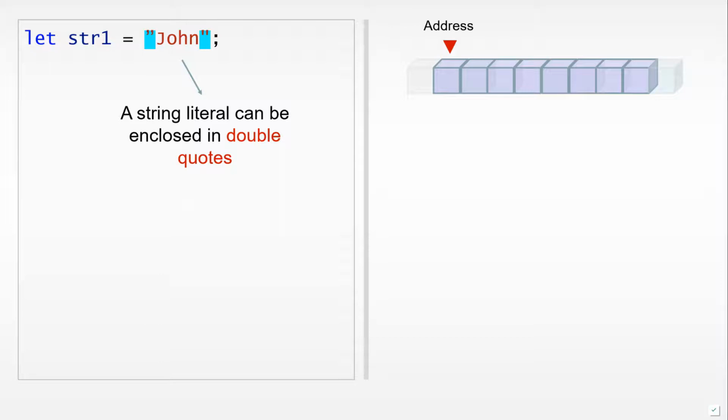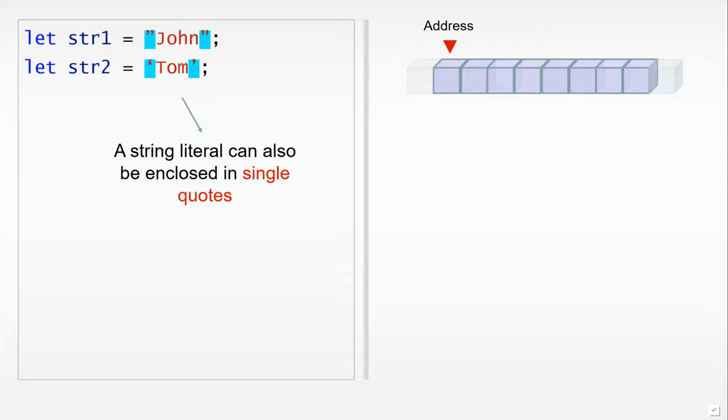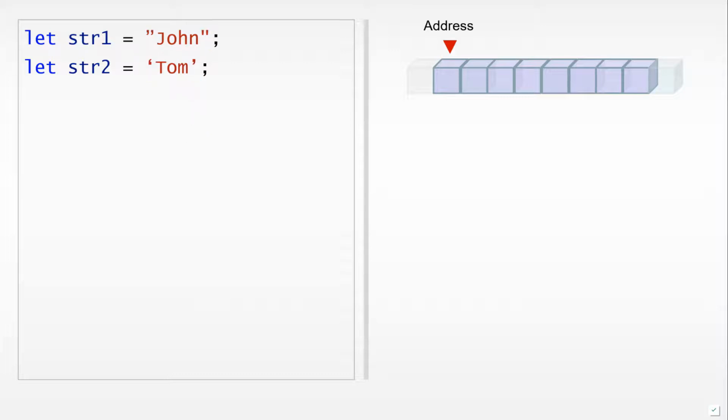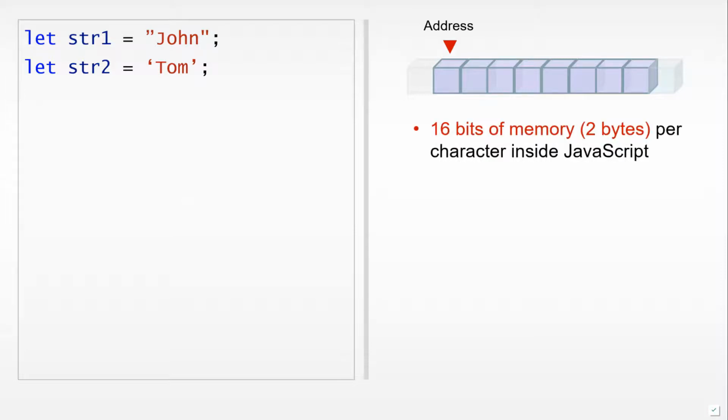We can define string literals in a couple of ways. We can use double quotation marks, or we can use single quotes. Both of these are acceptable ways of defining a string value as far as JavaScript is concerned. Now, let us say a few more words about strings in JavaScript. Let us give a few more details.